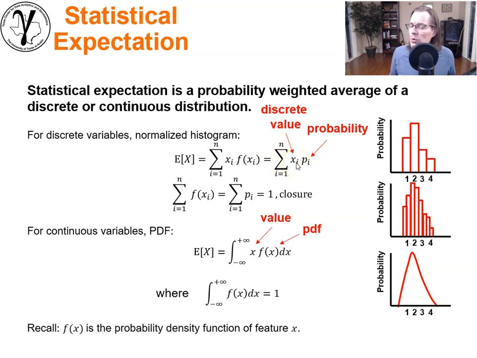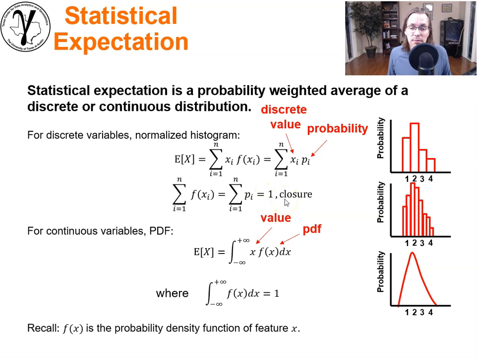Usually the values will be the specific categories or the centroids of the bins multiplied by the probability of being within each one of those bins. So this value in the centroid multiplied by that probability, this value here by that probability, and so forth. And we would expect by closure that the sum of all of these probabilities, in the case of discrete or normalized histograms, should equal 1.